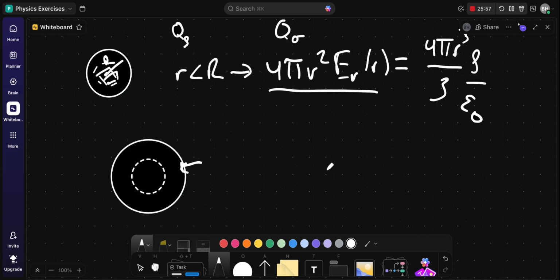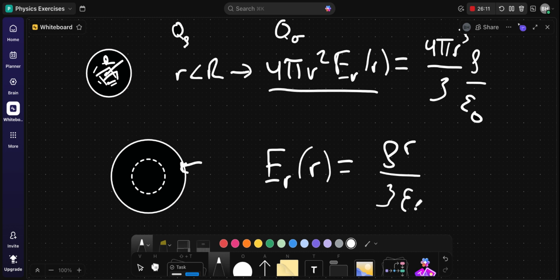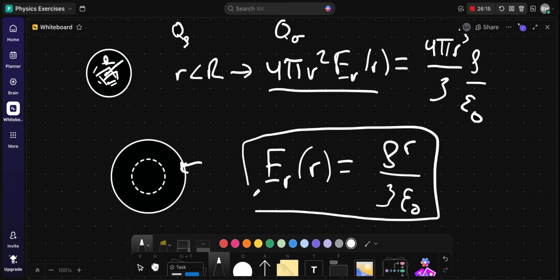From this you can easily figure out that the radial component of the electric field, as long as we are within the sphere, just like before, is rho r divided by 3 epsilon 0. So that's a start.